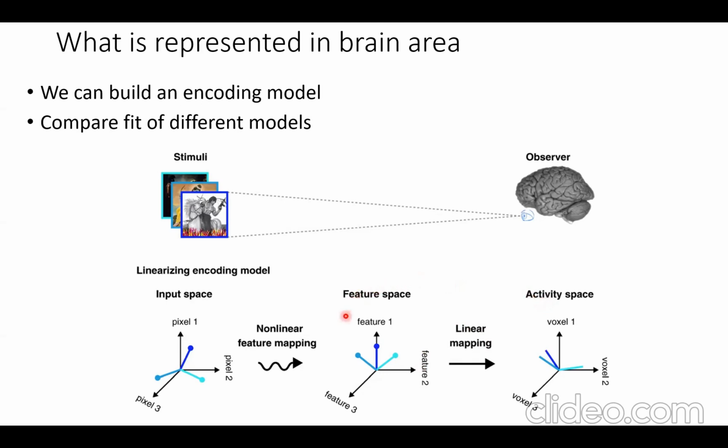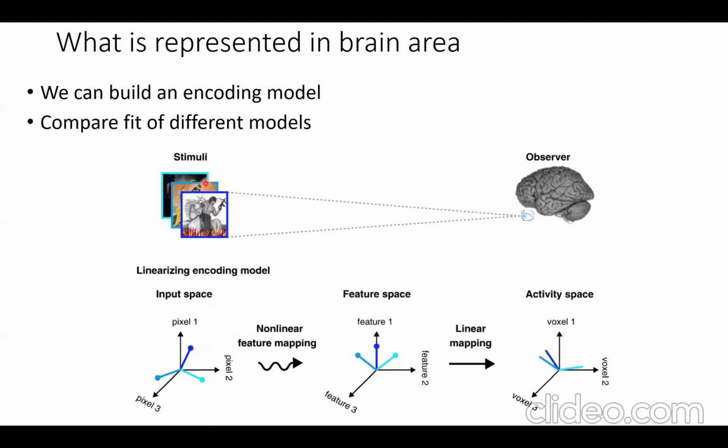However, this feature space is effectively some fancy, or if you want, nonlinear representation of the stimuli. So, for example, the stimuli might be some natural images. We can represent them as pixel values, so there might be thousands of pixel values.